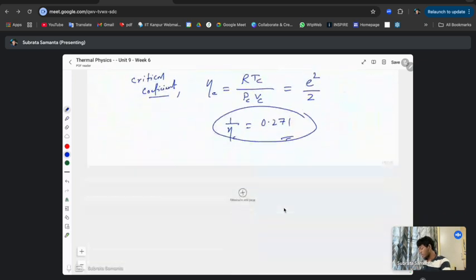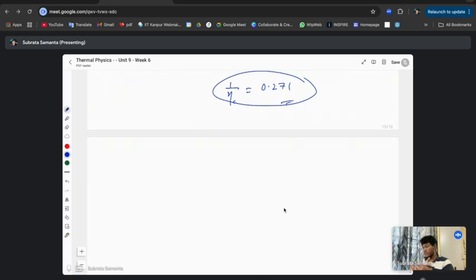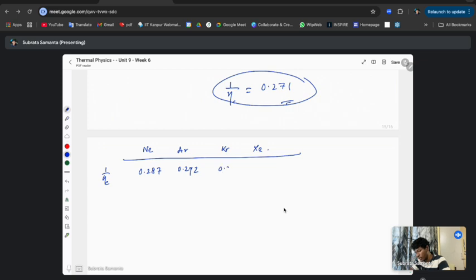Now if you look at the 1 over eta C value for different real gases, basically neon, argon, krypton and xenon, the values are 0.287, 0.292, 0.291, 0.290.